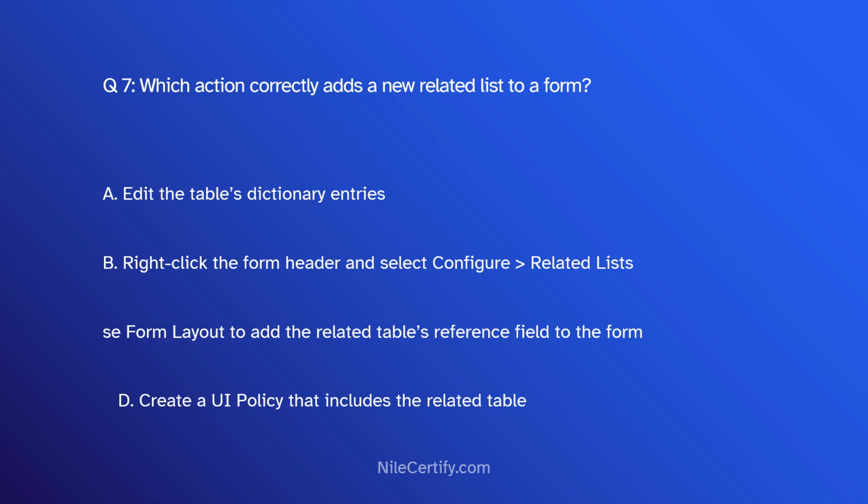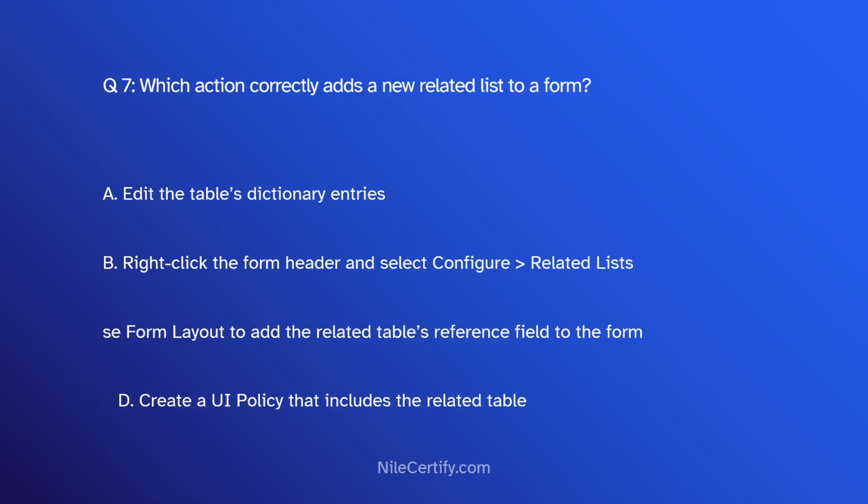Option C, use form layout to add the related table's reference field to the form. And this one is where actually lots of people get tricked, okay? Form layout definitely changes the fields that appear on the form.